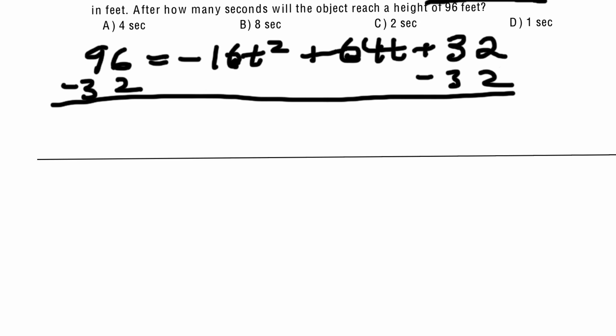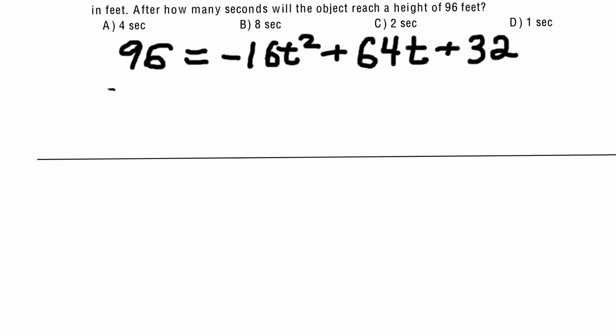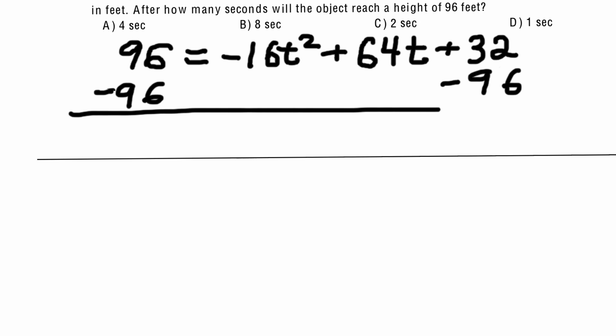Or we could add a negative 96 to both sides. I guess I should have done that instead. We'll add a negative 96 to both sides. Makes more sense, right? So that'll give us 0 over here.